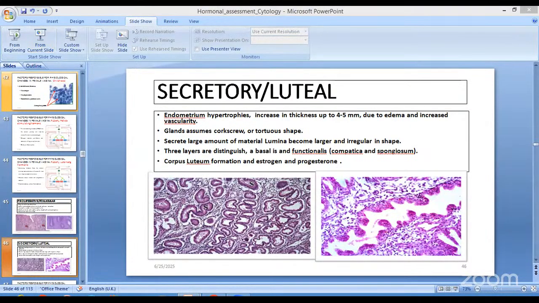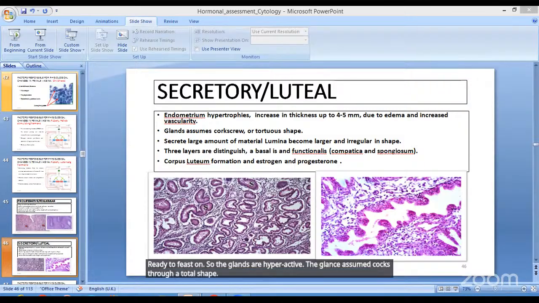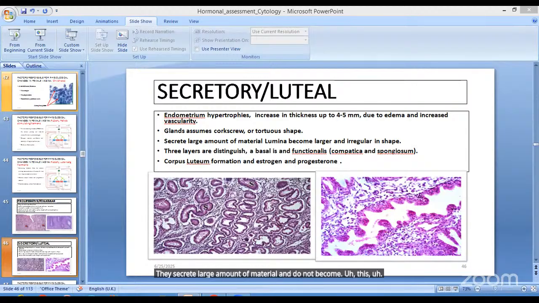It's always a tea party moment, a season for commensals and other organisms who find food ready to feast on. So the glands are hyperactive. The glands assume a corkscrew or tortoise shape. They secrete a large amount of material. Lumina become larger and larger and irregular in shape.